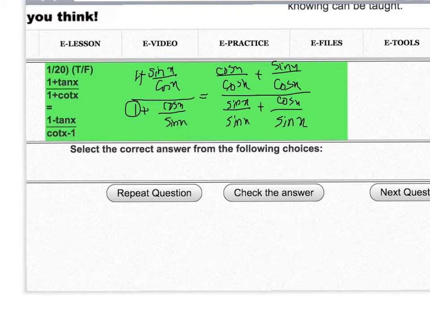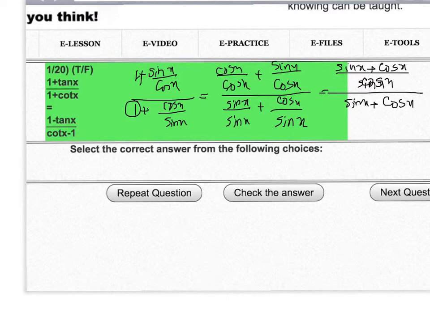Now, if you look at the denominators, they are the same, so I just add the numerators. I get sine x plus cos x divided by cos x, divided by sine x plus cos x divided by sine x.